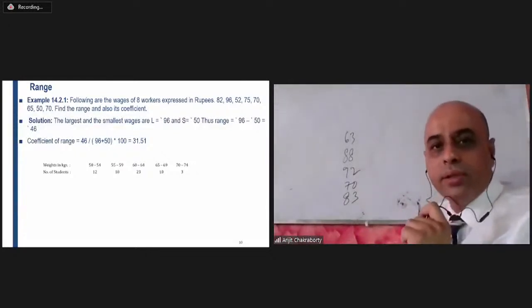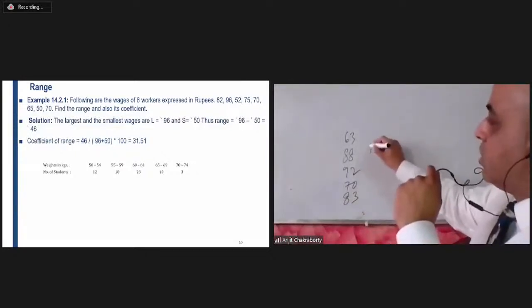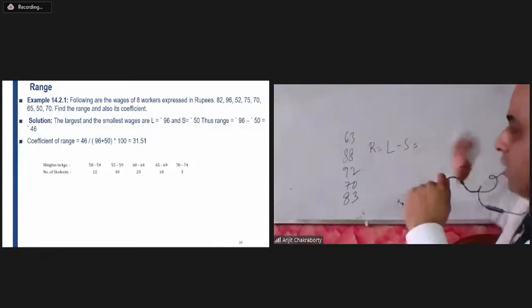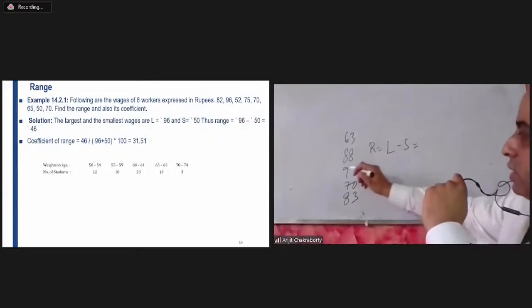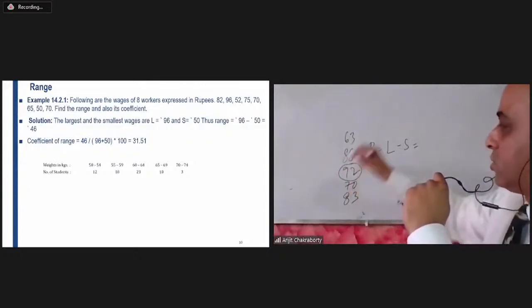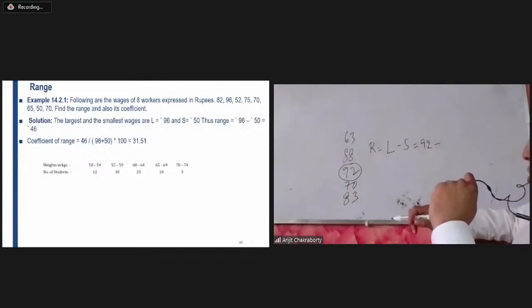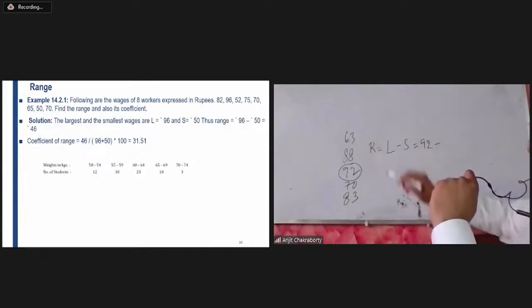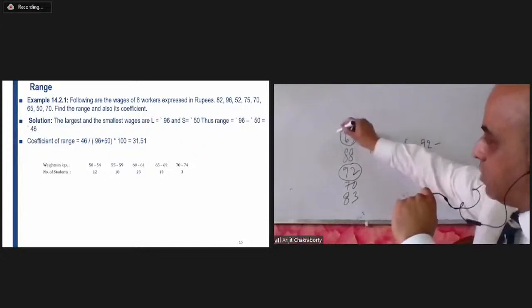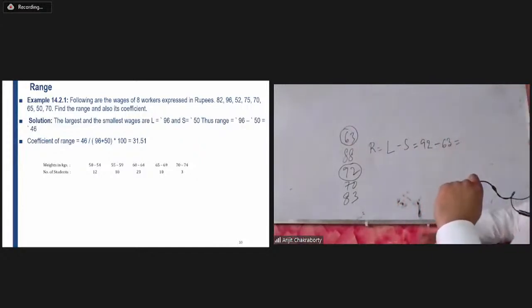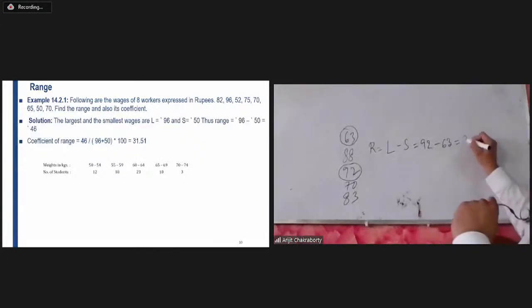We will first find the range. So range is given by the largest number minus the smallest number. The largest number here is 92. I'll circle 92. And the smallest number, the lowest score, if you see here, is 63. So 92 minus 63 gives me how much? That gives me 29.